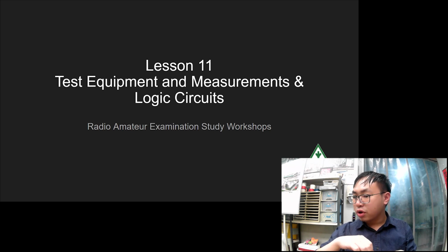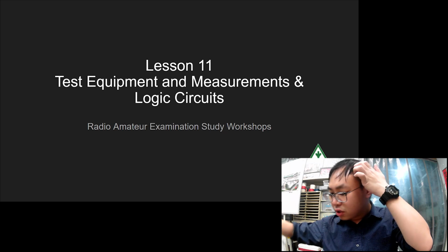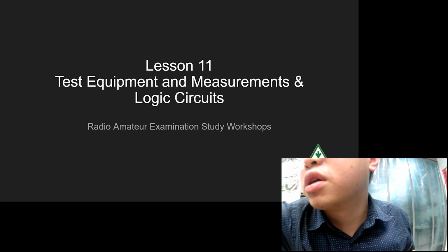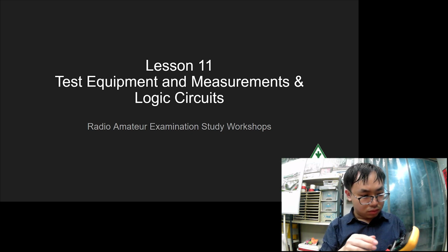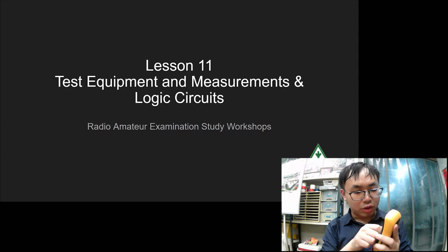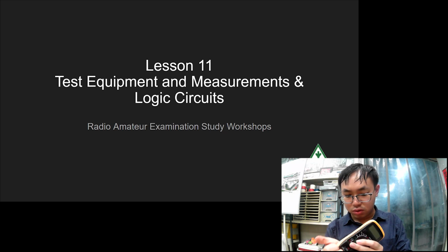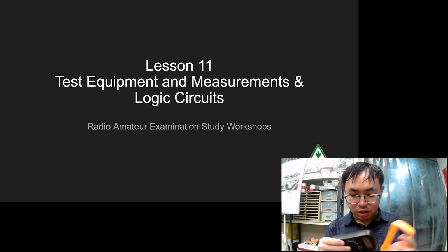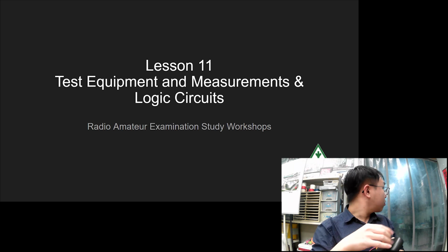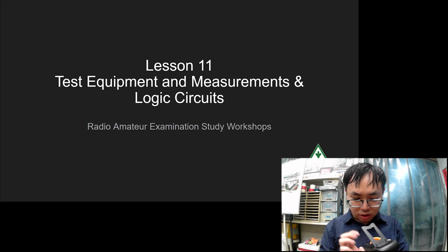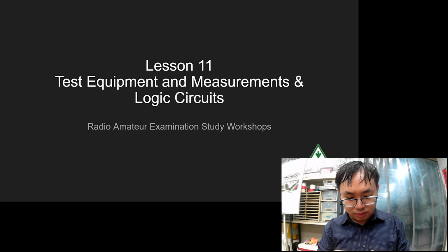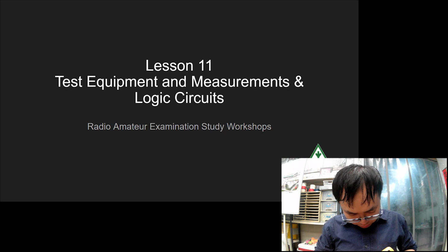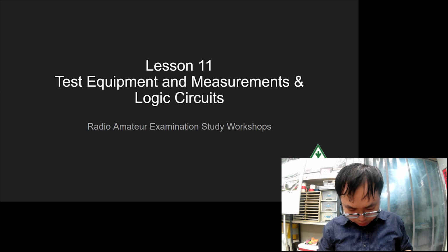Because we are going to talk about equipment measurement and testing today. So we have our multimeter with us, I bet they don't have a battery inside. Oh, let me just find the battery. Oh, battery. Okay.